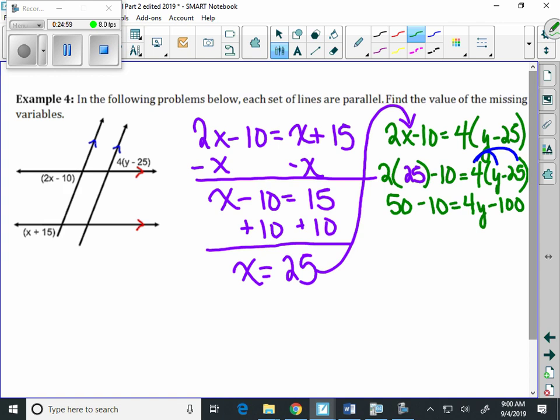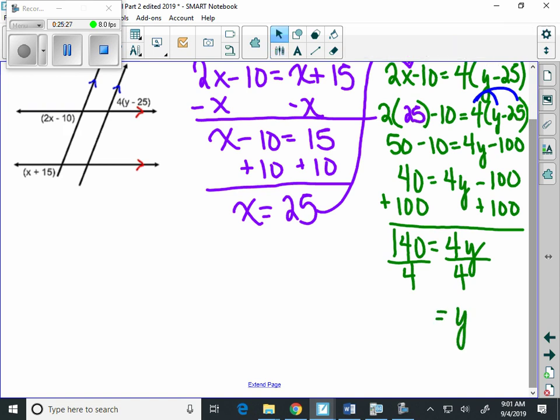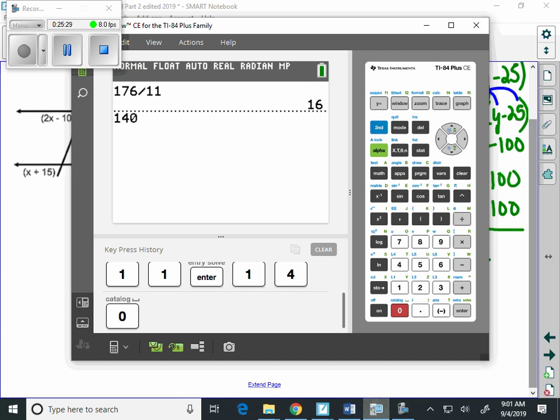And 50 minus 10 is 40. Equals 4y minus 100. Going to move the 100 over to the left. And we end up with 140 equals 4 times y. To finish, we'll divide both sides by 4. And 140 divided by 4 is 35.